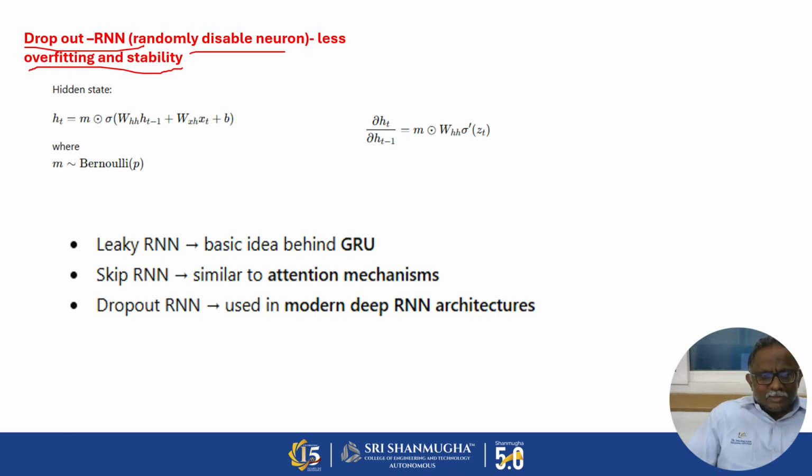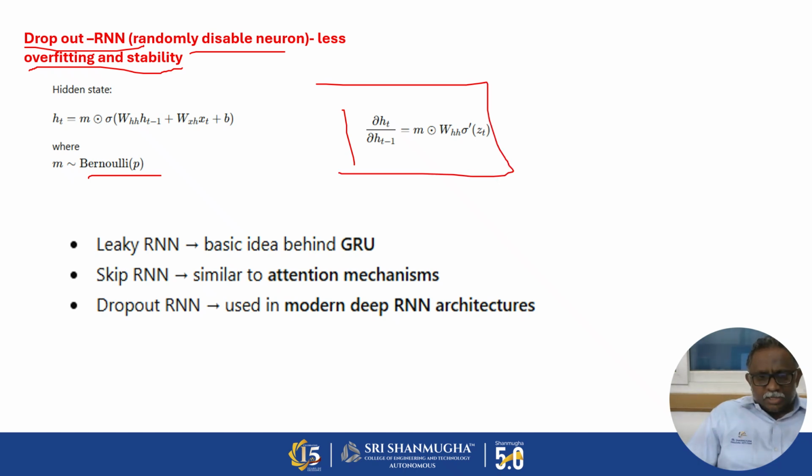So how does this happen? It uses a parameter called m, the mask, which is based on a Bernoulli distribution. You have two outcomes, p equal to 1 and p equal to 0. If it is 0, it disables the network, and if it is 1, it activates the network. The same mask is used across all the time steps.